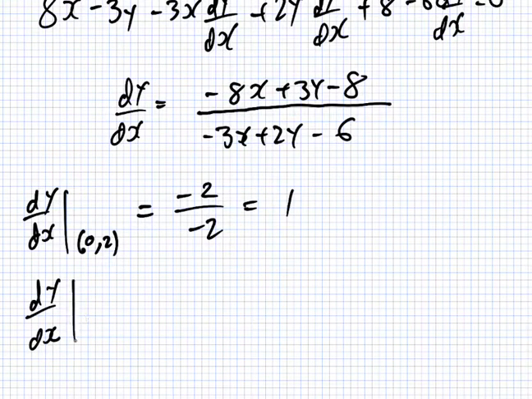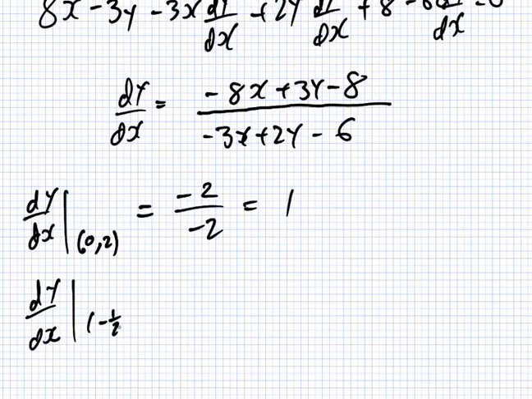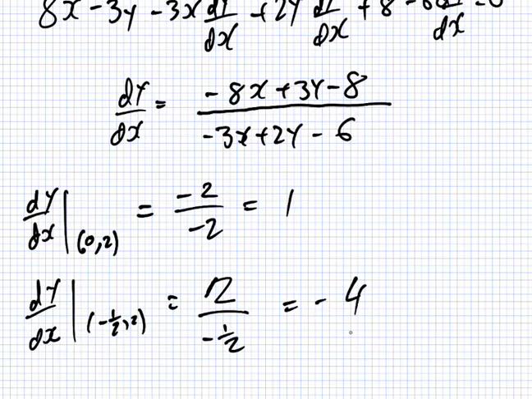Minus a half and 2. So that would be, hold on. 4 plus 6 is 10, minus 8 is 2. And then minus 1.5 plus 4, 5.5, minus 6 is minus a half, I sure hope. So it's minus 4. So these are my two gradients.